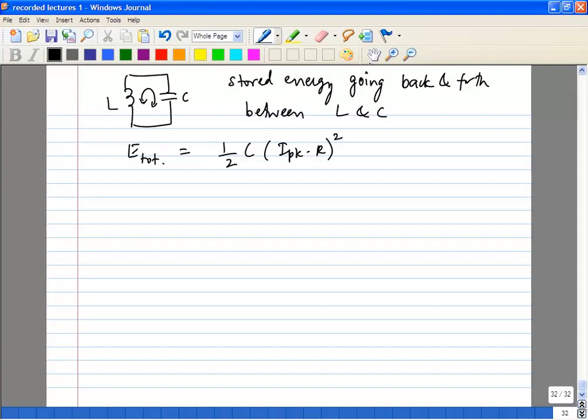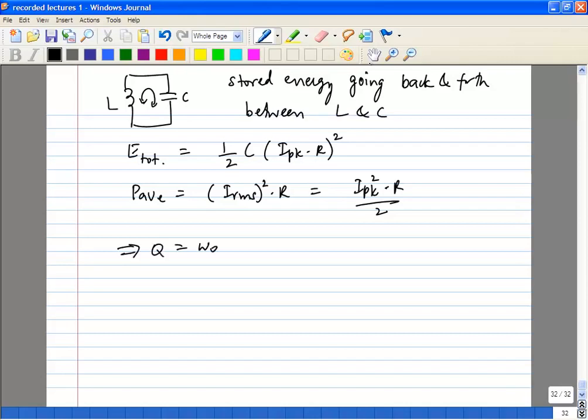What is the average power dissipated? It's I RMS squared times R, which is I peak squared times R over 2, because I peak over root 2 is the RMS. So what does this mean?